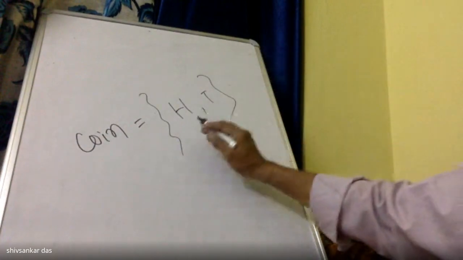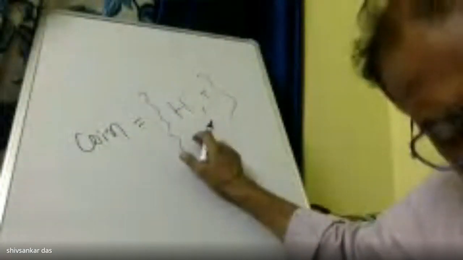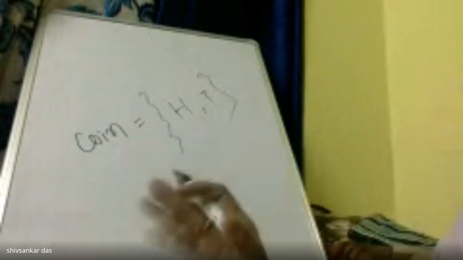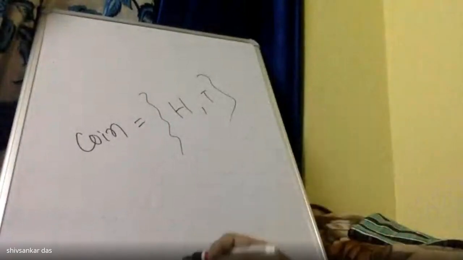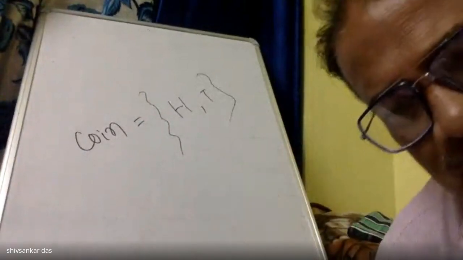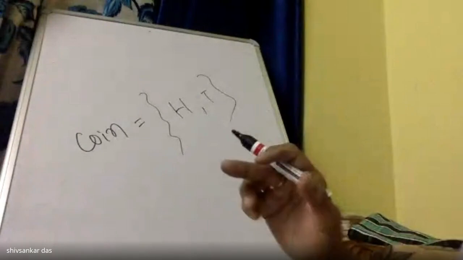So this is called a mutually exclusive event. You keep it in mind. If there is head, there is no tail. So this is called a mutually exclusive event. Pass or fail. If somebody has passed, he will not be failed. If somebody has failed, he will not be passed.